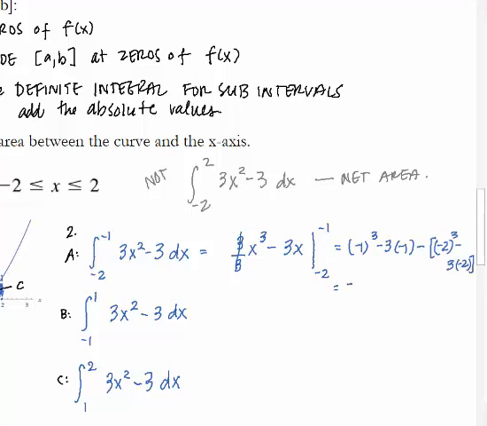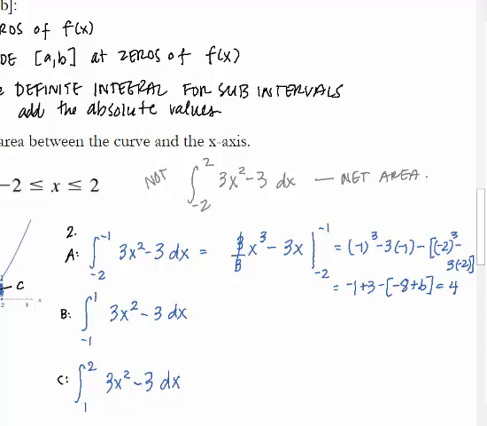So negative 1 cubed is negative 1, negative 3 times negative 1 is plus 3, minus negative 2 cubed, negative 8, 3 times negative 2 with a minus is positive 6. So negative 1 plus 3 is 2, minus negative 2, 2 plus 2 is 4.